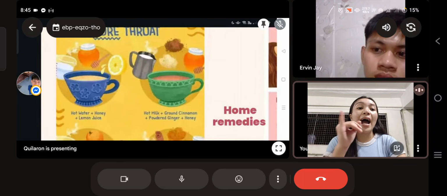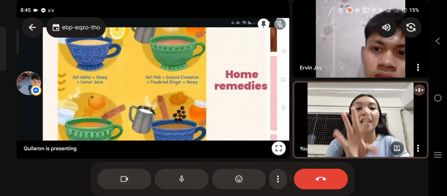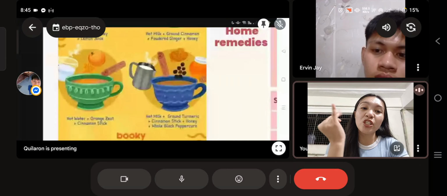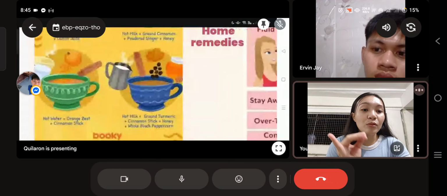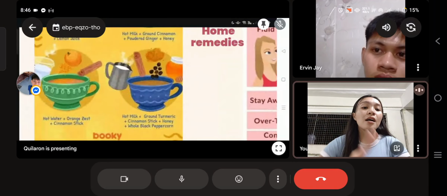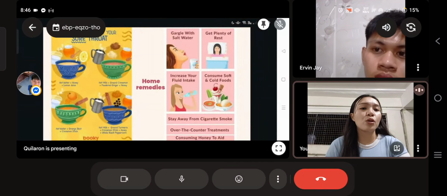We also have hot milk, ground cinnamon plus powdered ginger plus honey. We also have hot water plus orange zest plus cinnamon stick, and hot milk plus ground turmeric plus cinnamon stick plus honey plus whole black pepper. This can ease your sore throat.